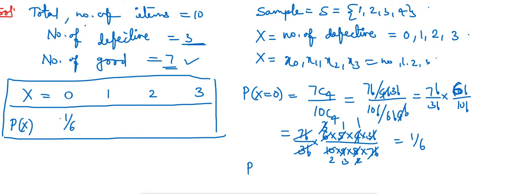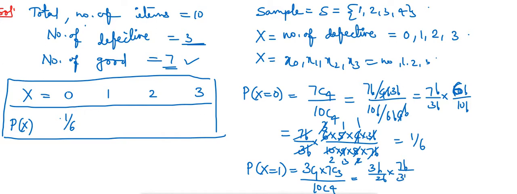Next we take probability of X equal to 1 defective. One defective means we take 1 item from the defective ones and the remaining 3 items from the good ones. So that is 3C1 into 7C3 by 10C4, equal to 3 factorial by 2 factorial into 7 factorial by 3 factorial into 4 factorial, divided by 10 factorial by 6 factorial into 4 factorial. The 4 factorial and 3 factorial cancel.